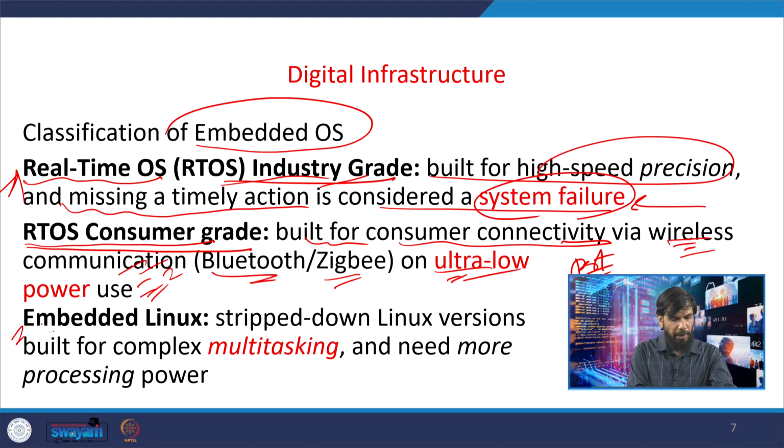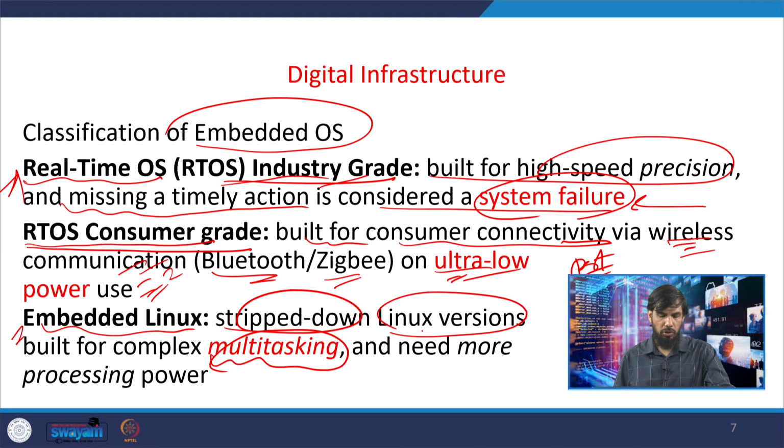Then embedded Linux. There are certain scenarios where we want slightly more processing, so we might need multitasking. In that case we can create stripped down, lightweight Linux versions, built for complex multitasking and the bit more processing power typically needed in a multitasking scenario to support some of these appliances, equipment and devices.